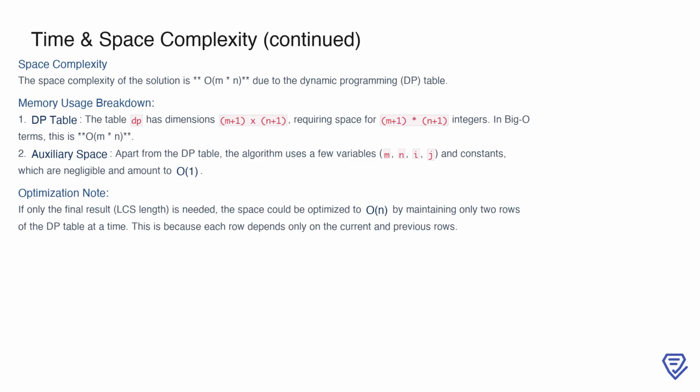If the problem only requires the length of the longest common subsequence and not the subsequence itself, the space usage can be optimized. Instead of storing the entire table, we can keep only 2 rows at a time, as each row depends solely on the current and the previous row. This optimization reduces the space complexity to O(n), making the algorithm more efficient in terms of memory usage.